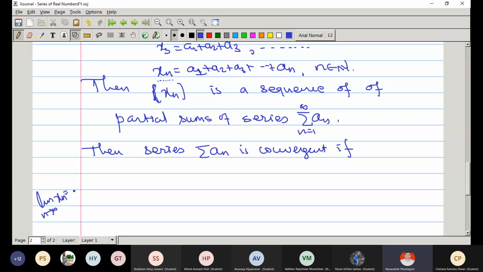I increase the value of n plus 1, n plus 2, n plus 3, so ultimately I have to add an plus 1, an plus 2, and so on. If we add all the terms and the limit of this exists, then the series an is convergent.